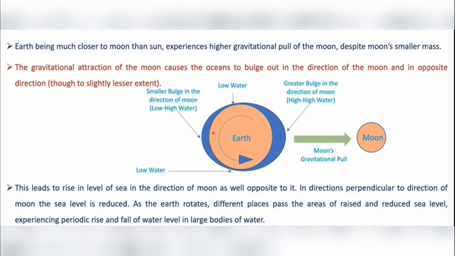Why? Because the Earth rotates at a uniform rate, and therefore we have these two as the areas of high water, and in the perpendicular direction to the direction of the Moon we have the areas of low water. And since the Earth rotates at a uniform rate, therefore the places experience periodic rise and fall of water level in the large water bodies.